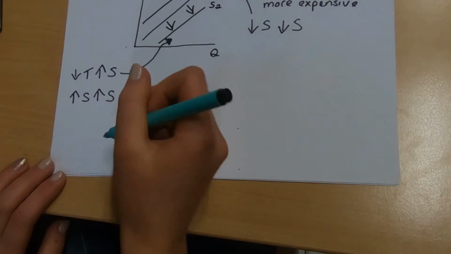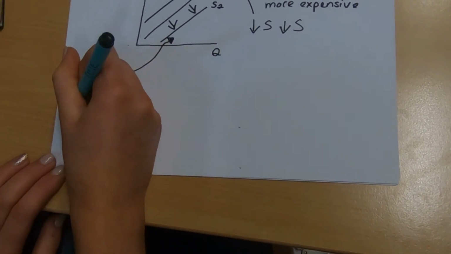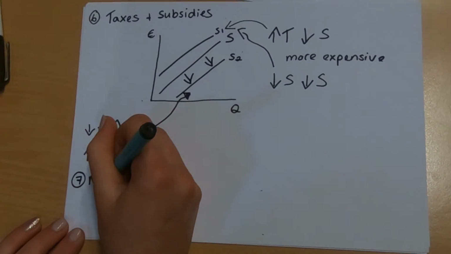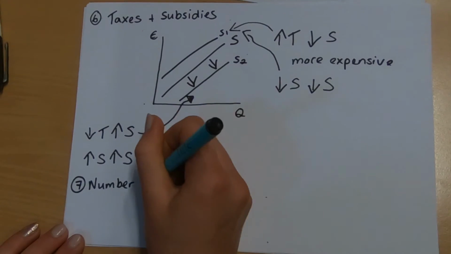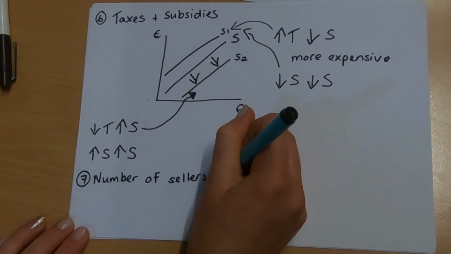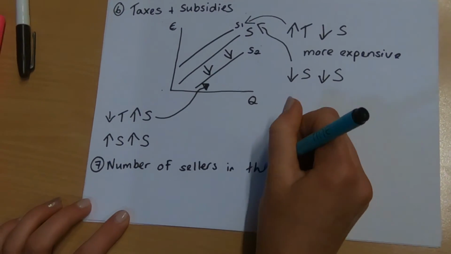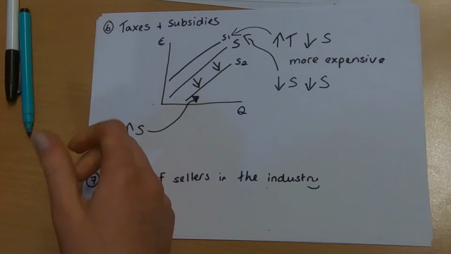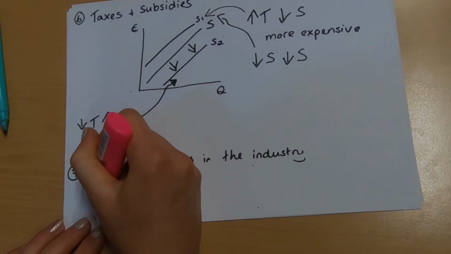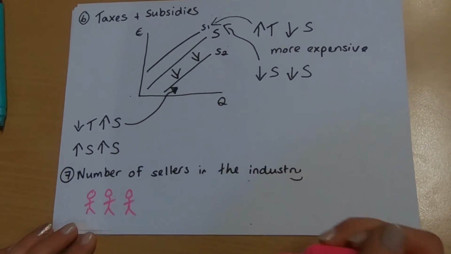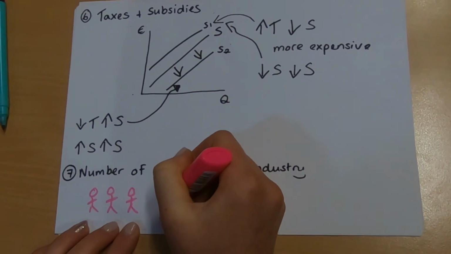Now, the final factor that influences shifts in the supply curve is the number of sellers in the industry. If there are more sellers in the industry, the quantity supplied is going to be greater.